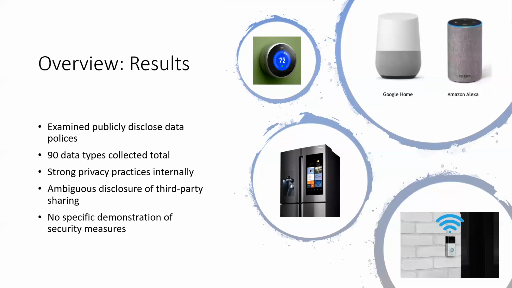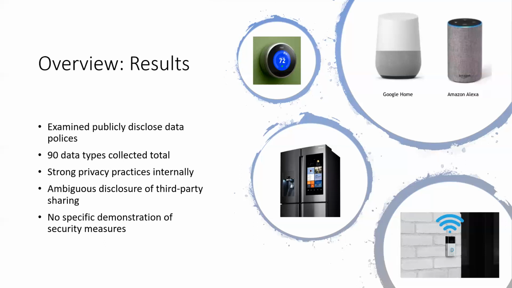I realized larger companies disclosed more information. Google and Samsung basically told you that they took everything from you. In terms of privacy policies, I saw that most companies had strong internal privacy policies, meaning that they had good, strong safeguards in place to protect your data within the company.